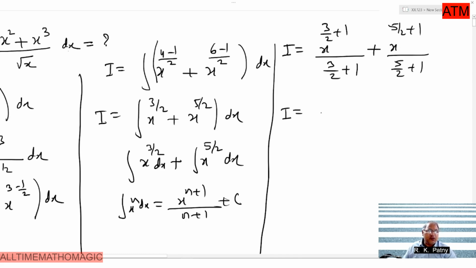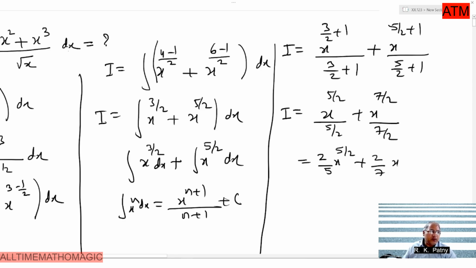This is equivalent to x raised to 5 by 2 upon 5 by 2 plus x raised to 7 by 2 upon 7 by 2. That is nothing but 2 upon 5 x raised to 5 by 2 plus 2 upon 7 x raised to 7 by 2 plus c. At the end of the result we have to write plus c. So this is the required solution of the given problem.